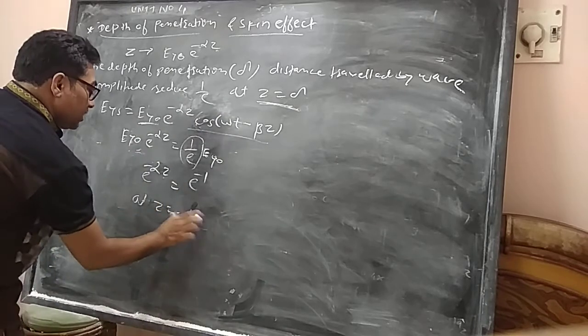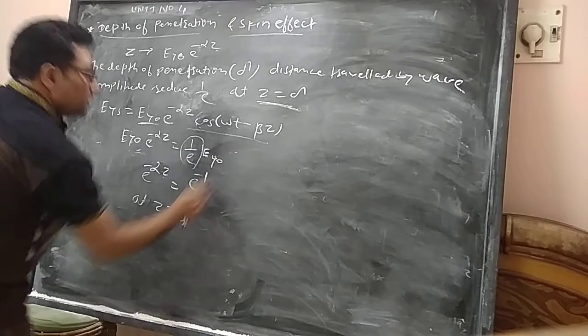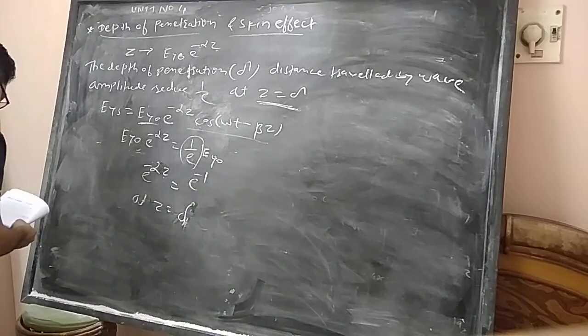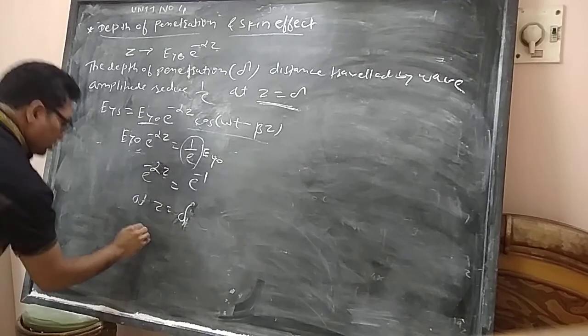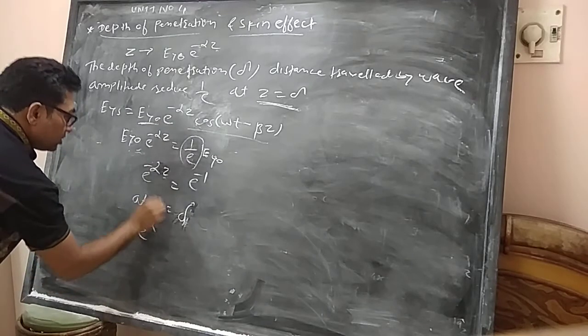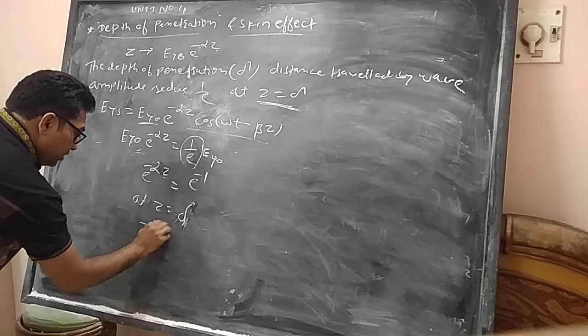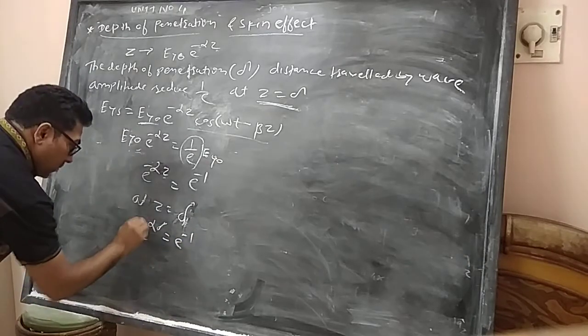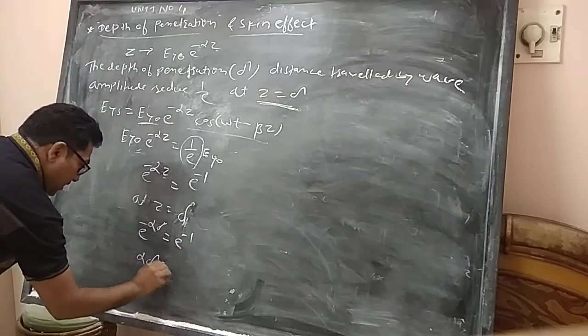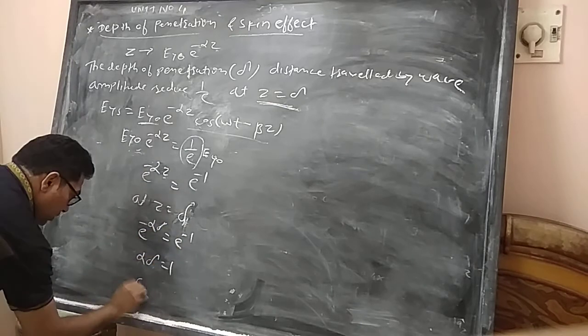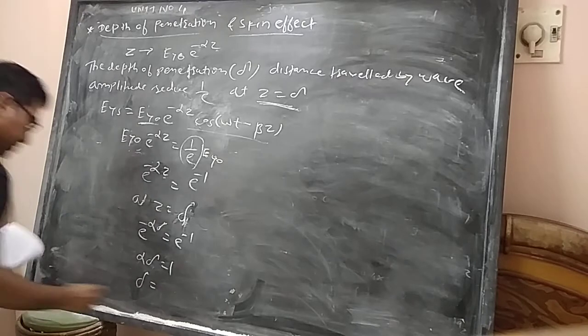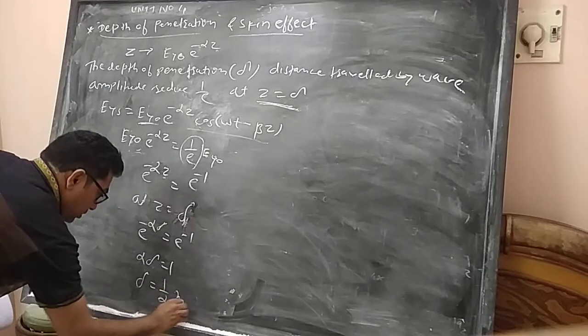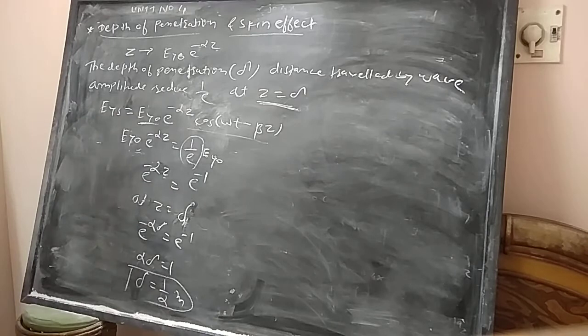So replacing z with del, e raised to power minus alpha del equal to e raised to power minus 1. So minus minus plus, alpha del will be equal to 1, and the depth of penetration value is 1 divided by alpha in meter. So this is the equation for depth of penetration.